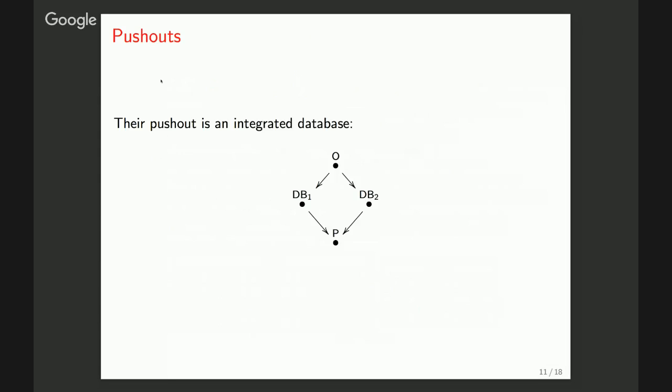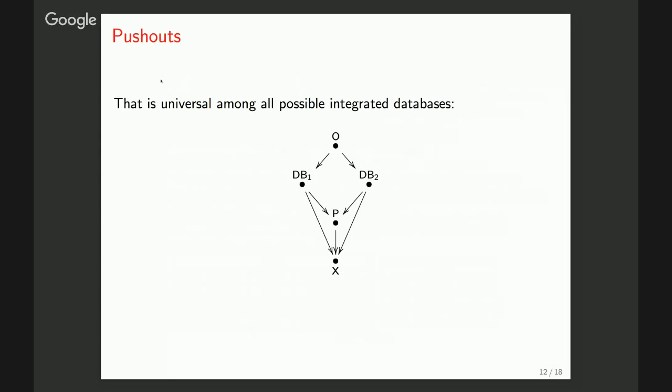But pushouts have what's called a universal property, which means for any other integrated database, so in this case X, there will be a unique way to get from the pushout to that other integrated database. So this is one reason why we say that our categorical technology gives the best possible solution. In this case, we'll be using pushouts to integrate data, and they are universal among all possible integrated databases.